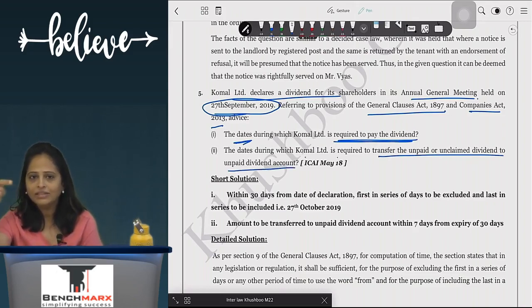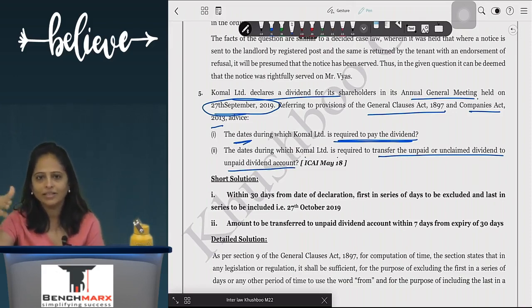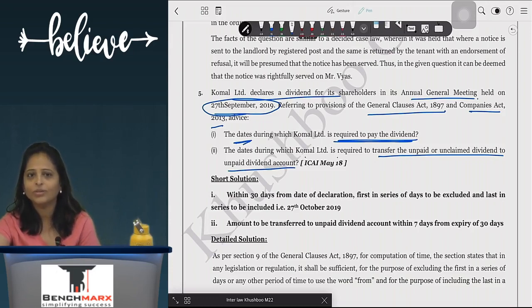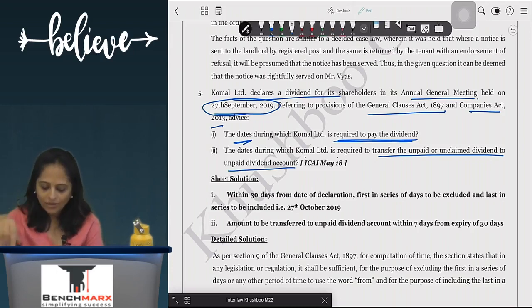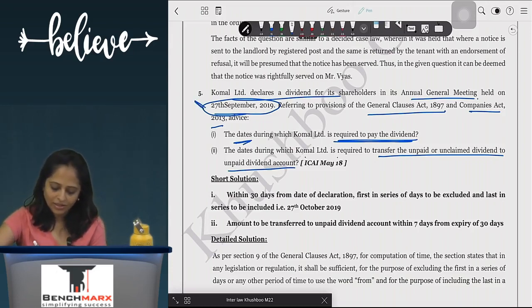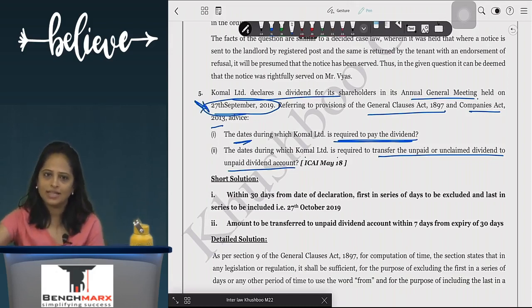So why is General Clauses Act coming here? This is all about dividend, right? But when you are calculating, the 30 days within which you have to pay is the Companies Act, and the unclaimed amount to be transferred to the unpaid account within 7 days from the end of the 30-day period, that is also Companies Act. But when you are calculating from this date, exclude the first in the series of days and include the last in the series of days.